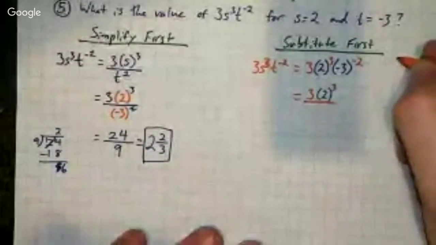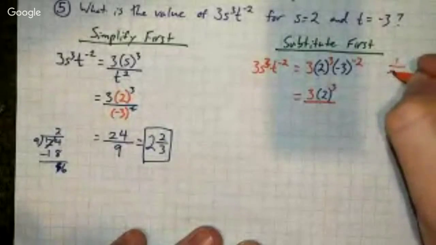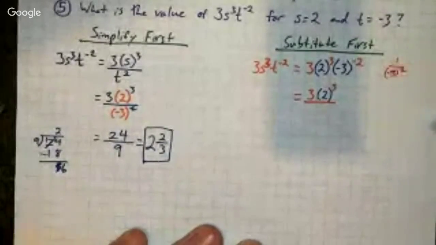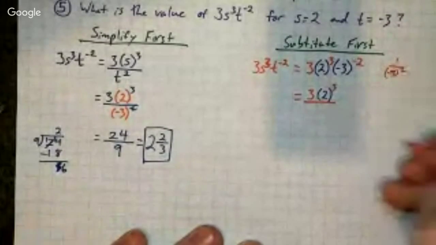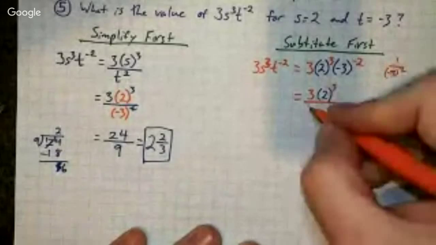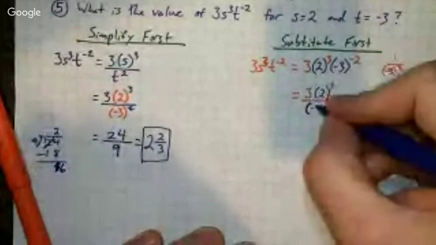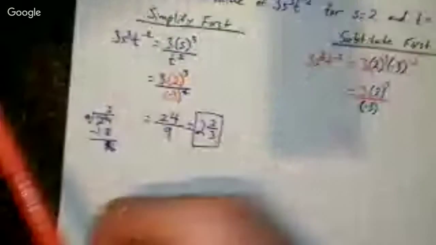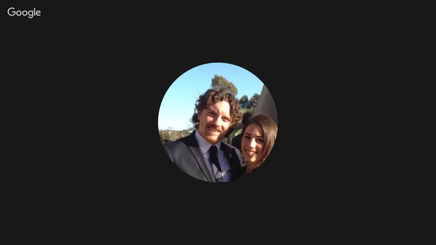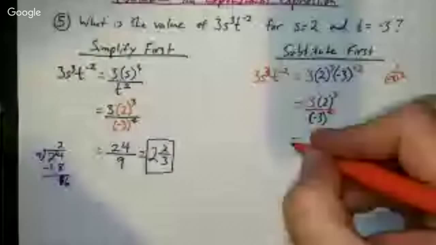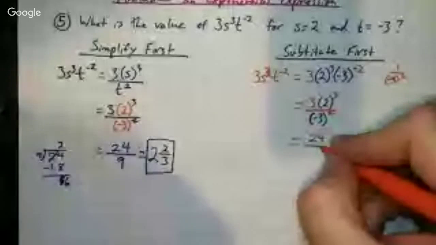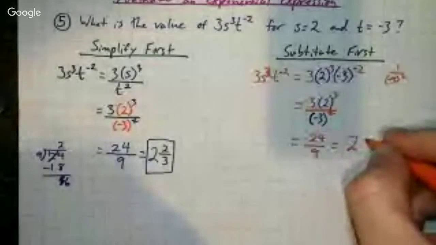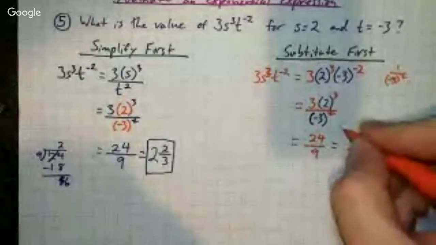This would become 1 over negative 3 to the power of 2, meaning negative 3 to the power of positive 2. And then we just simplify, which would again give us 24 over 9, which would again give us 2 and 2 over 3.